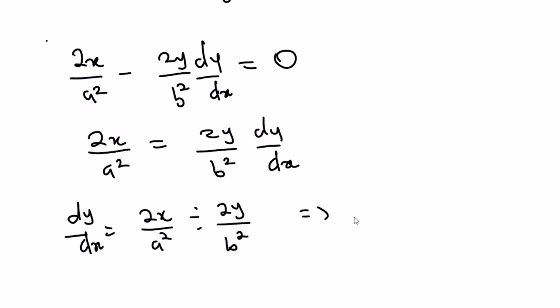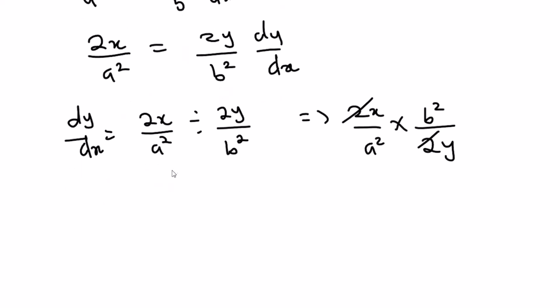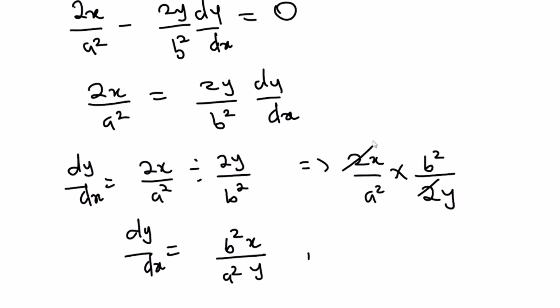And this will be 2x divided by a squared times b squared divided by 2y. And this is gone. What is left here? Our dy/dx will be equal to b squared x divided by a squared y.